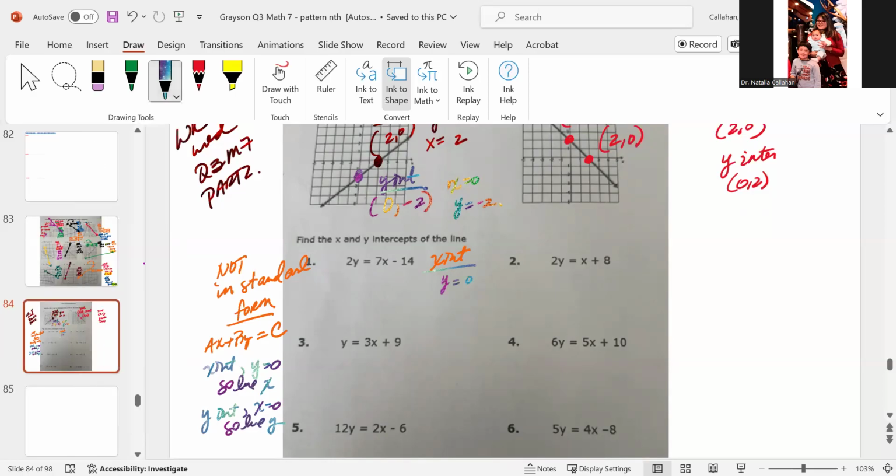So x-intercept. What's y? 0, right? Cross it out. So you put 0 equals 7x minus 14 and then solve for x. Solve for x, right? That's what you do. What's your x?